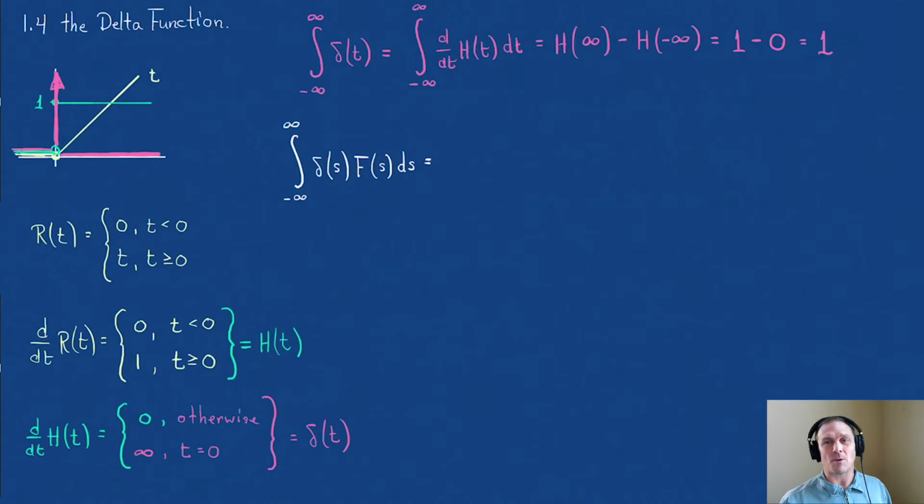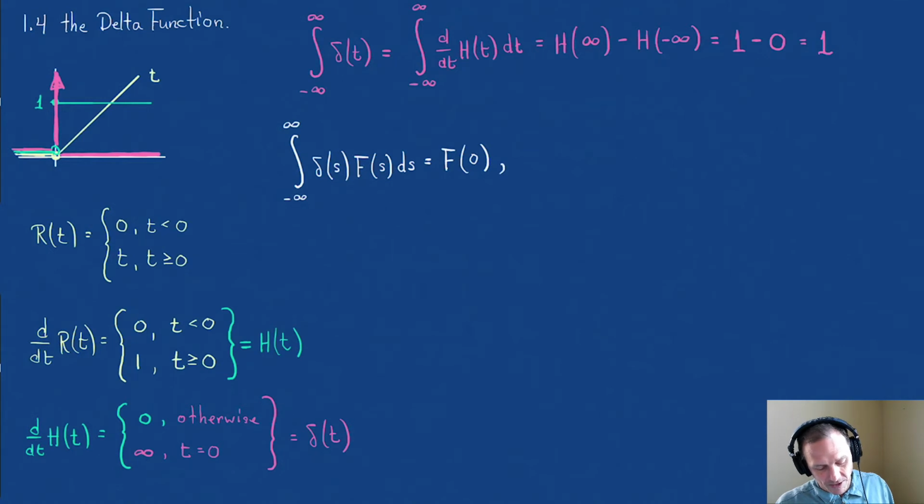The delta function, remember, only at that instantaneous point in time does it make a contribution. At that point, it just becomes 1, for that little flash of light. The rest of the time, it's just 0. So essentially, we're just going to be evaluating f at that one instant in time, f of 0.